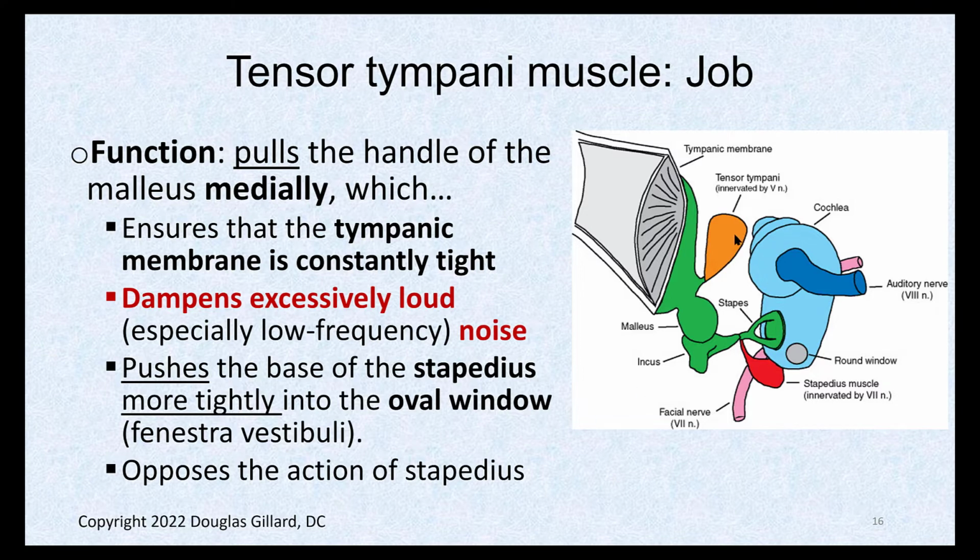And there's the cartoon of it right there. So it would be pulling it this way, kind of toward the cochlea, and it has the ability to dampen sounds. It has to be in combination with the stapedius. In fact, the stapedius muscle is more important than tensor tympani for dampening these sounds. Tensor tympani pulls the inner ossicles this way, stapedius pushes them that way.